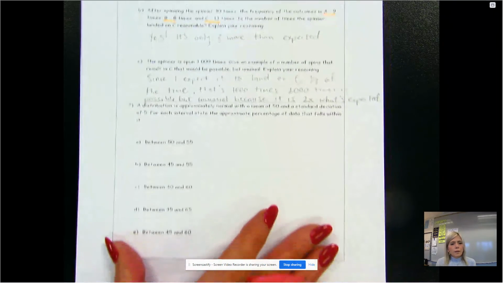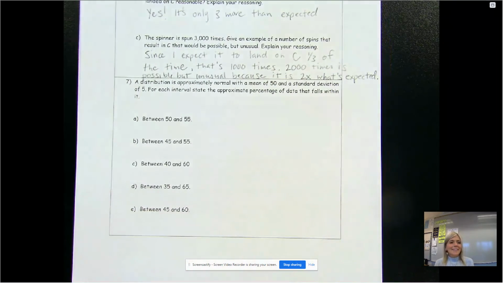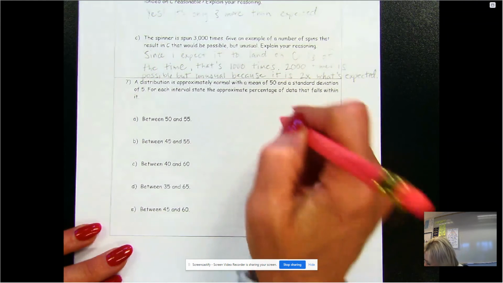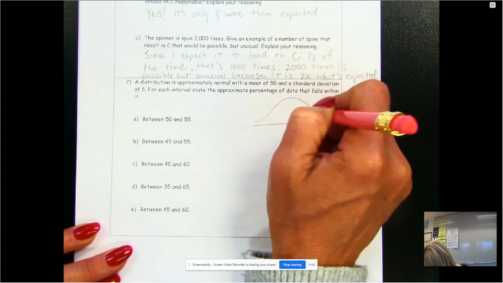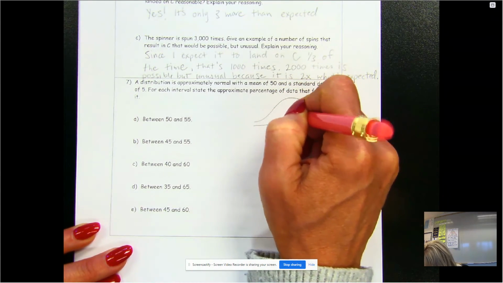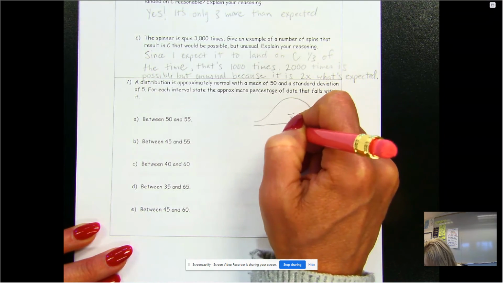Okay, last set. A distribution is approximately normal with a mean of 50 and a standard deviation of 5. For each interval, state the approximate percentage of data that falls within it. Okay, so one more. You should draw the curve. You should label all the points. There's the mean, it's 50.